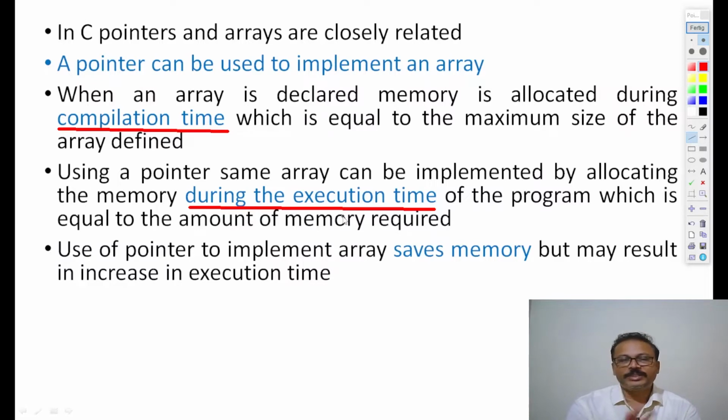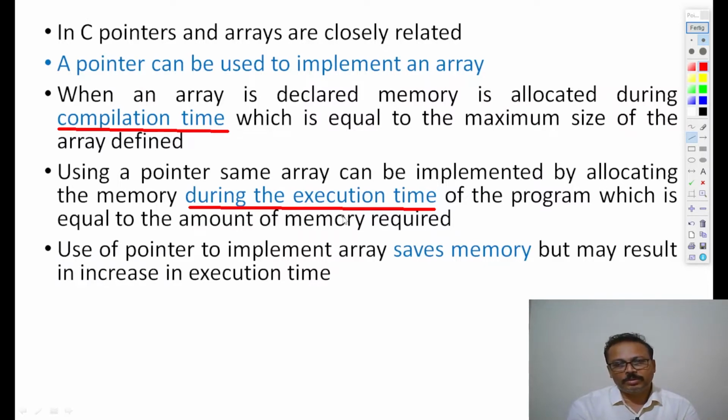But the disadvantage is that it increases the execution time. Why? Simple reason. If you do one task during execution time, it takes some time. If you take two tasks, it takes more time.